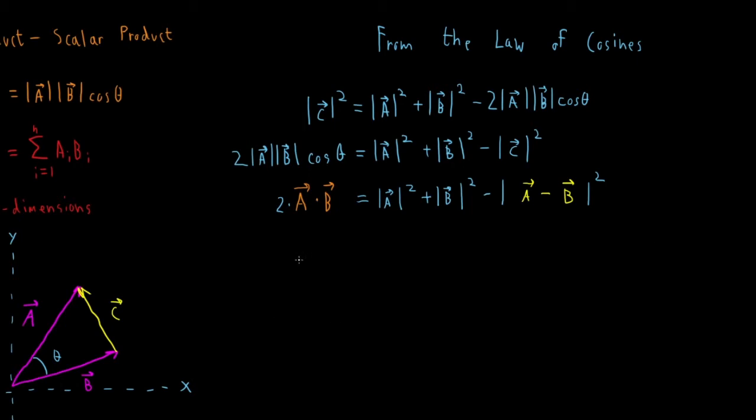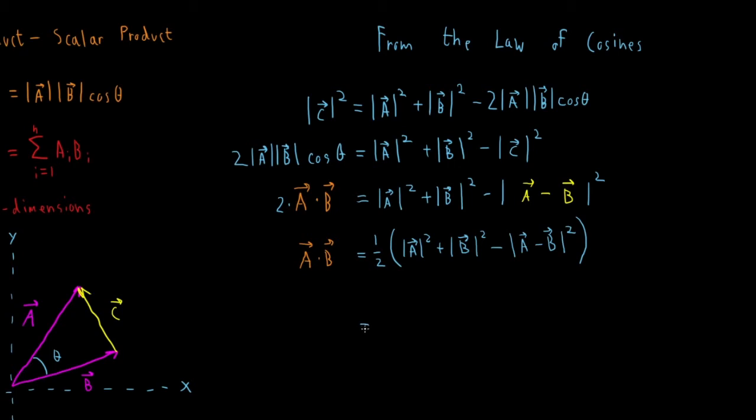Dividing both sides by 2, we get the dot product of A and B equals 1/2 of A squared plus B squared minus the square of the difference between vectors A and B. We now replace the magnitude of the vectors with their component representations.